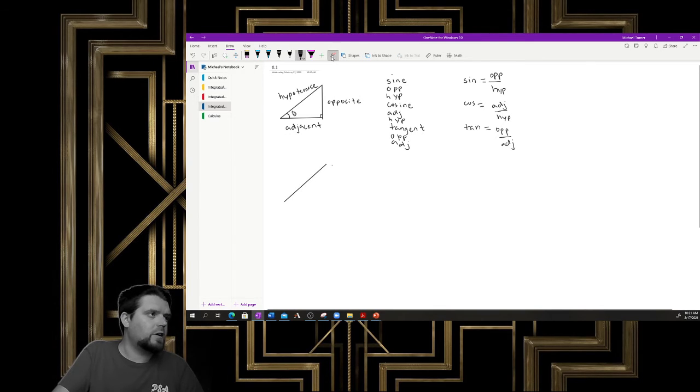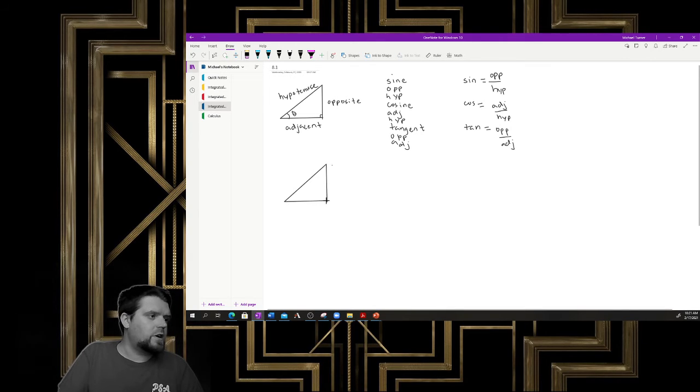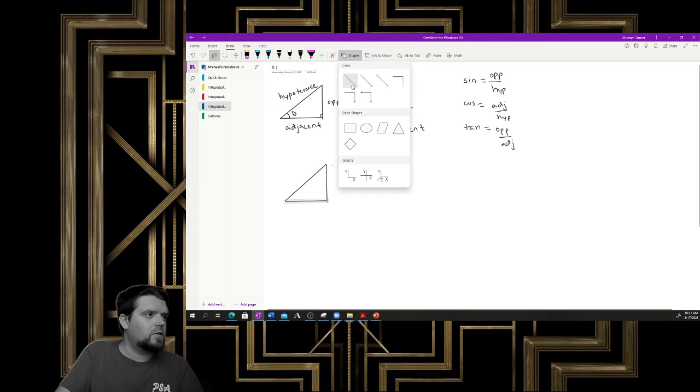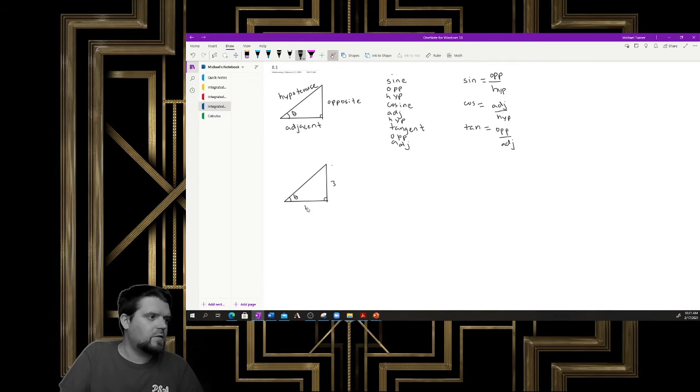So I could give you a triangle here, and again, it could be any size right triangle, but it does need to be a right triangle for our purposes right now. Looking at this angle, let's say I give you the measurements of 3, 4, and 5. For this triangle, the sine of that angle, we define sine as being the opposite side over the hypotenuse.